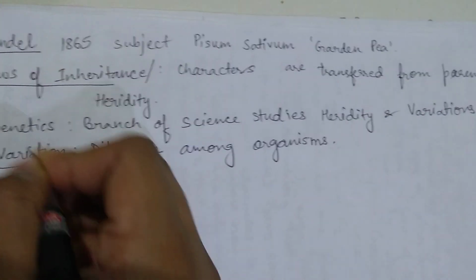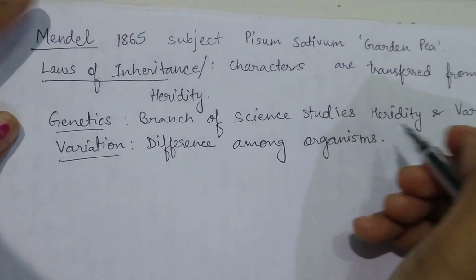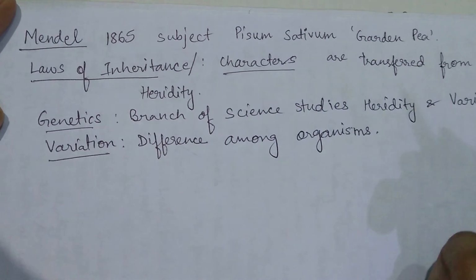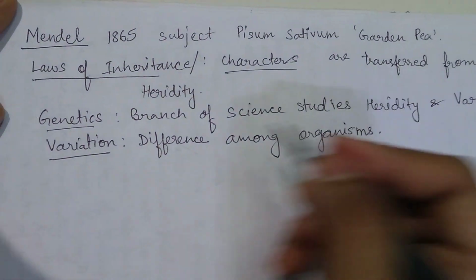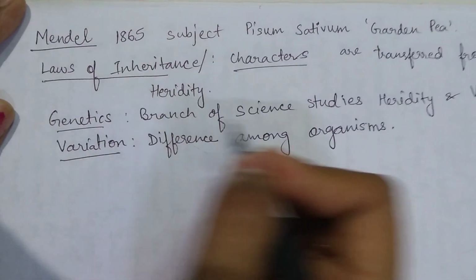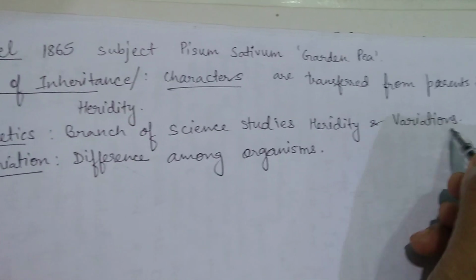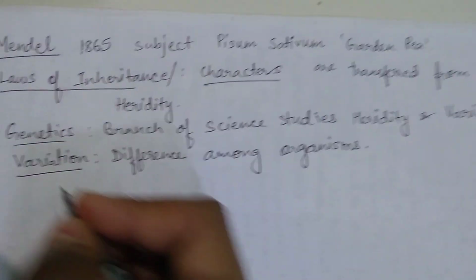So all organisms have variations. When the characters are transferred, the variations are also transferred from parents to the offsprings. So the branch which studies the passing of heredity as well as variation is genetics.